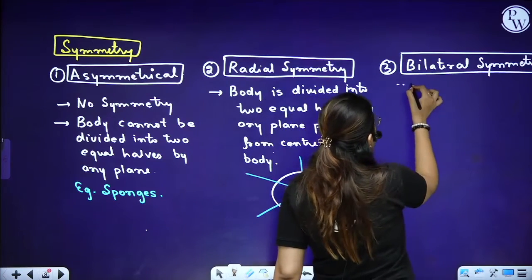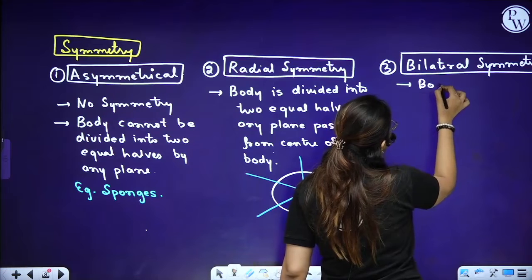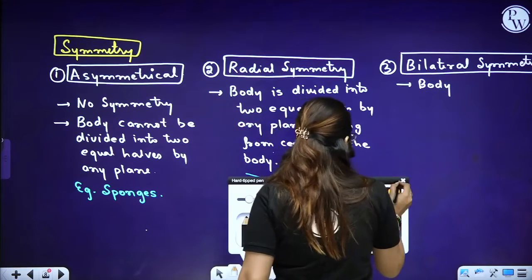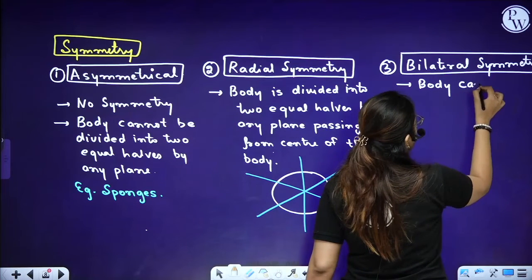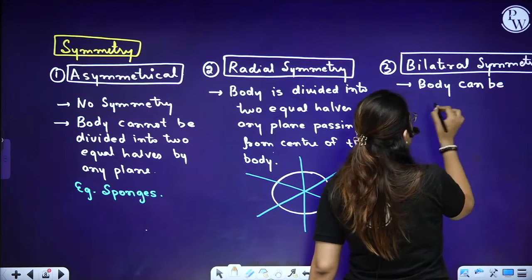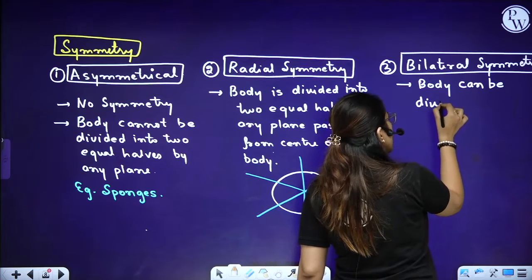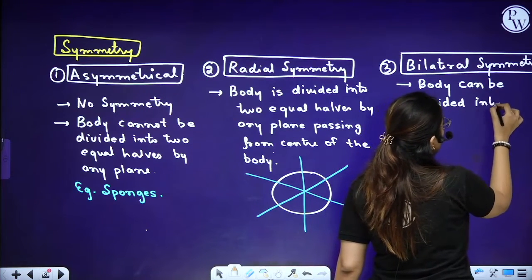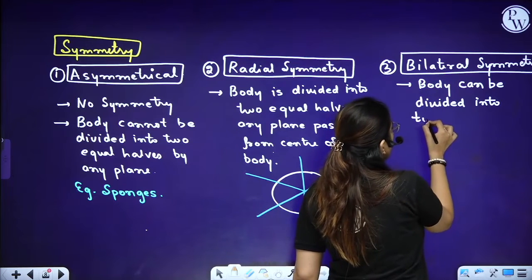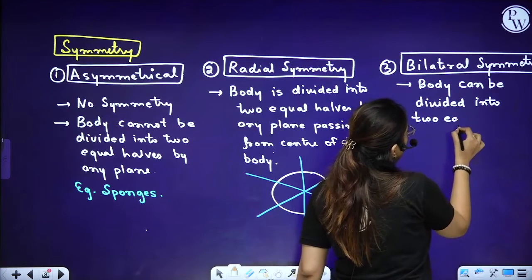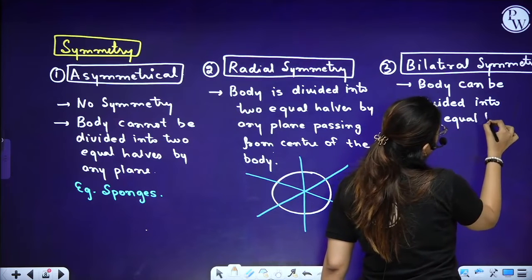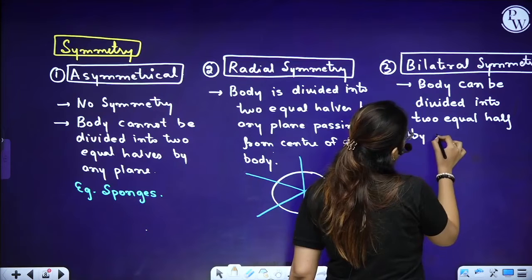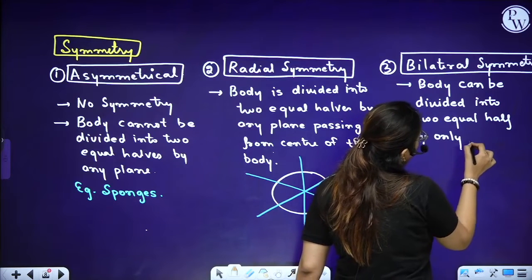So that means body can be divided into two equal halves by only one plane.